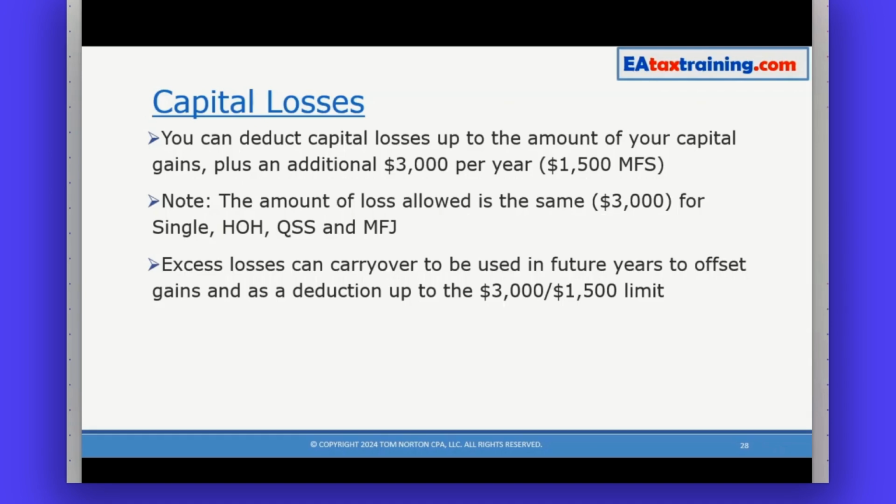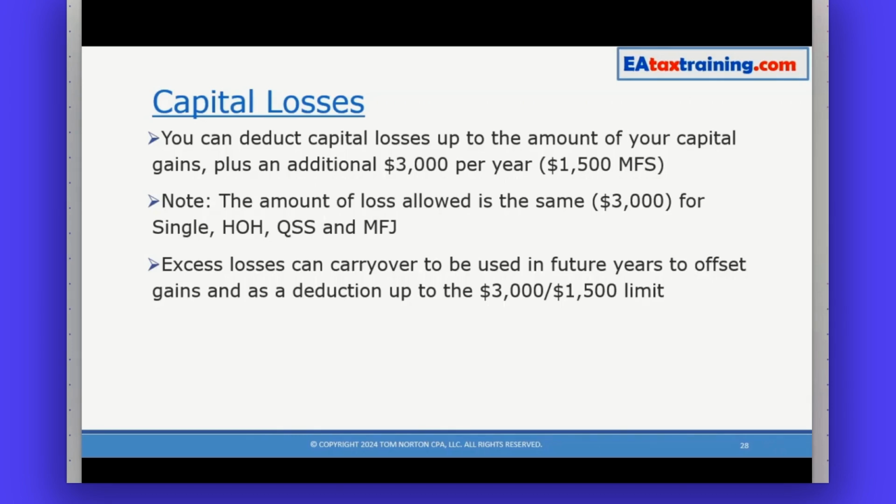But if you have $10,000 of capital gains during the year and $15,000 of capital losses, your net capital loss is $5,000, but you can't deduct that whole $5,000. You can only deduct $3,000. That's what this is saying.